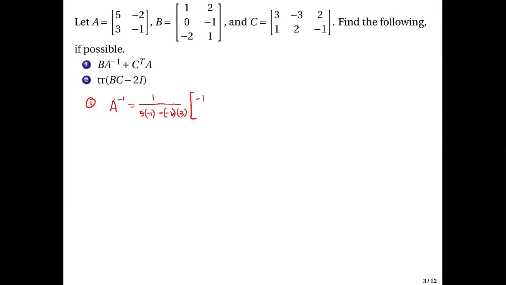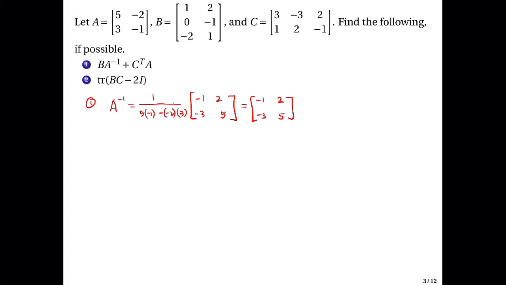So this will be negative 1, this will be 5, and then we negate these two guys here. So we have negative 3 and then positive 2. Okay? And then on here, we have negative 5 plus 6. So the determinant of A, it's just 1. So this will just be negative 1, 2, negative 3, 5.